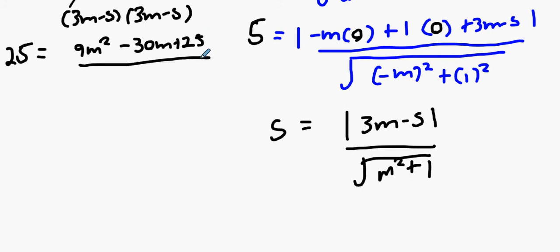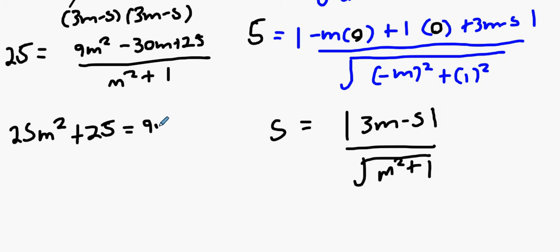Squaring out the bottom, what do you get? m squared plus 1. Cross multiply and you get 25m squared plus 25 equals 9m squared minus 30m plus 25. The 25s cancel, unusual.